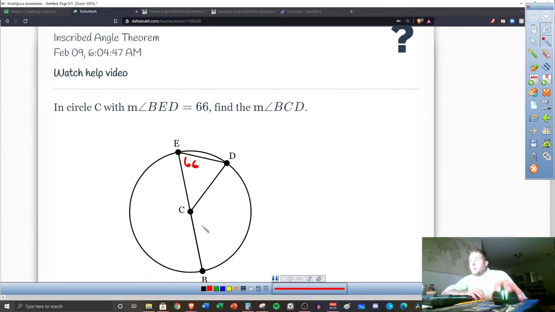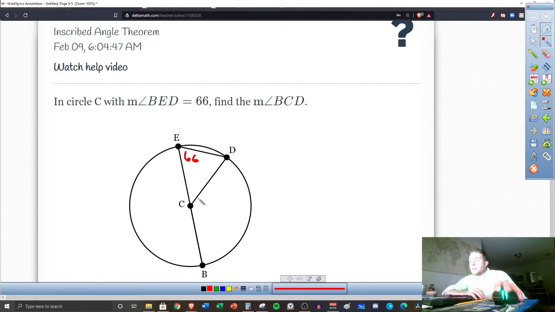And we're trying to find BCD, which is this angle here. So it looks like they are the same line. I mean, it is the same line here. So it's going to be double that angle, which is going to be 132 right here, 132. So that should be correct.